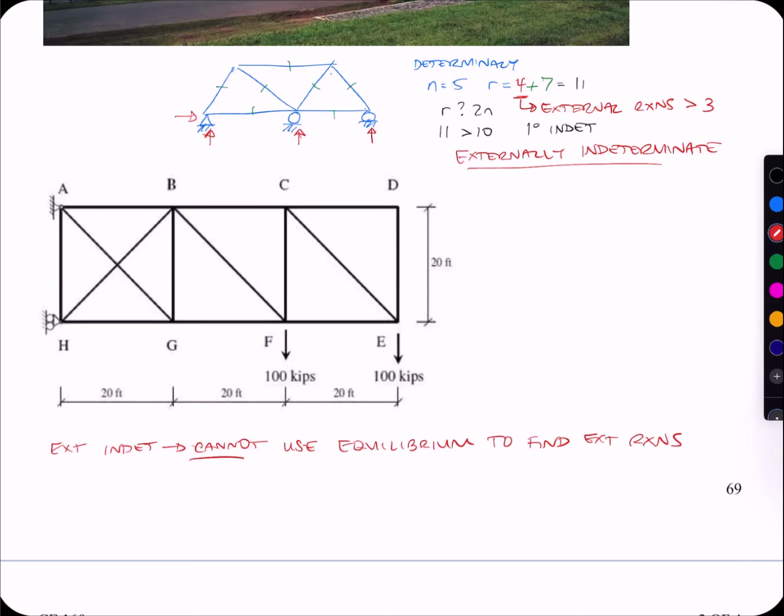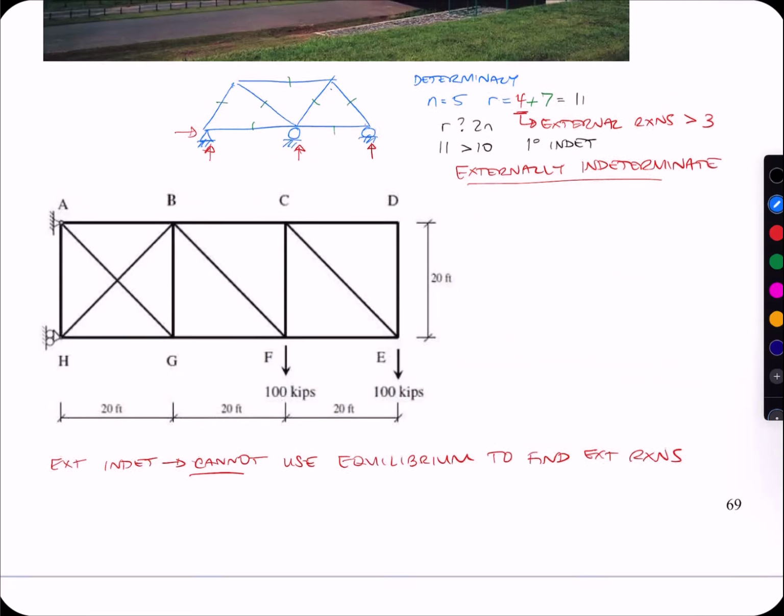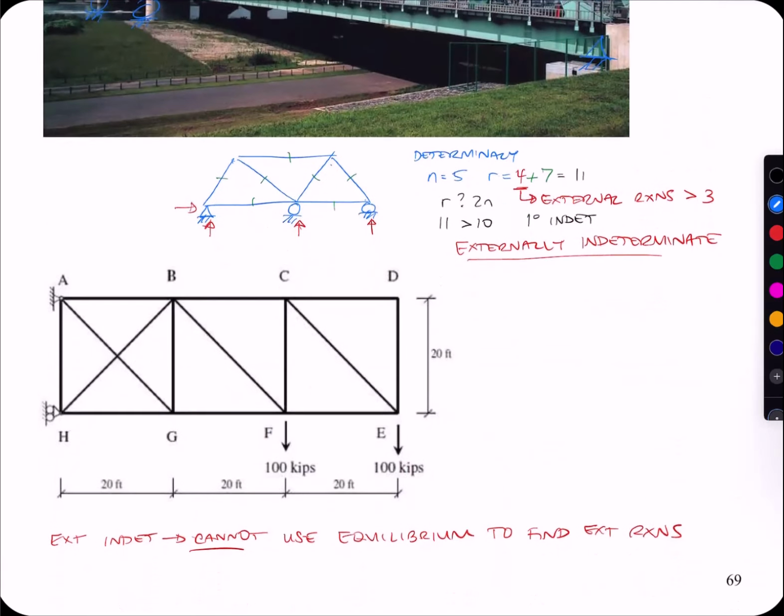That's more degrees indeterminate. So if we look at this next truss, which again is another fairly common looking truss, we can do the same thing. Check determinacy. 1, 2, 3, 4, 7, 8. I'm going to assume this isn't connected, although it doesn't matter if it is. We would have N as 9, and then we'd have more members, so the math will be the same at the end of the day in terms of degrees of indeterminacy.